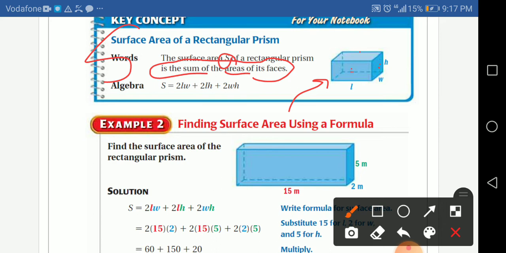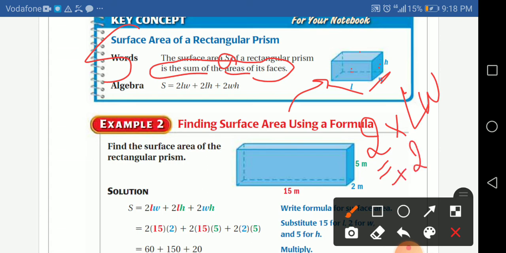So the surface area of the rectangular prism will be, for the first, 2 is fixed, times length times width, so 2LW, plus 2 fixed again, L times H, so 2LH, plus 2, of course, W with H, 2WH.